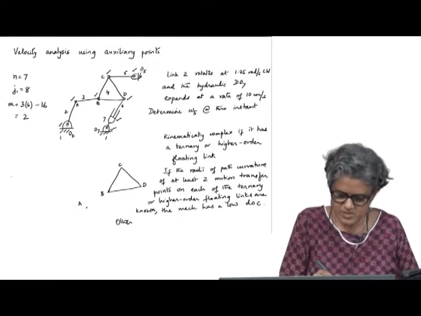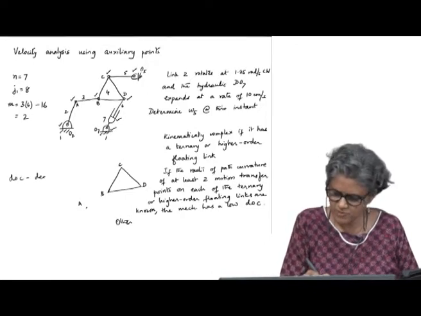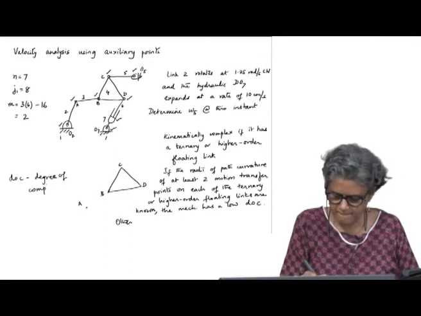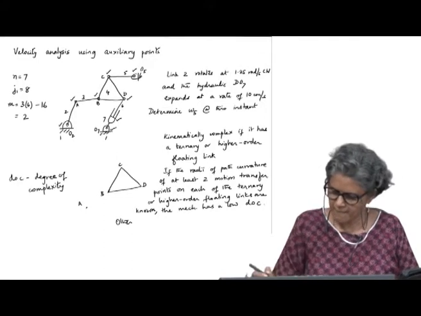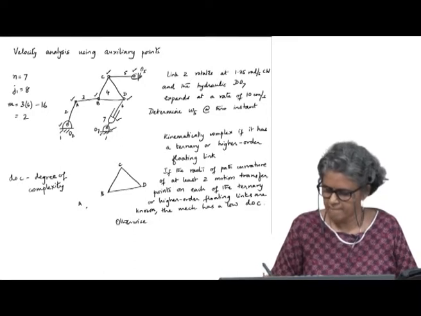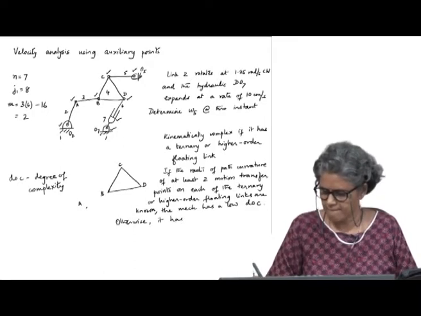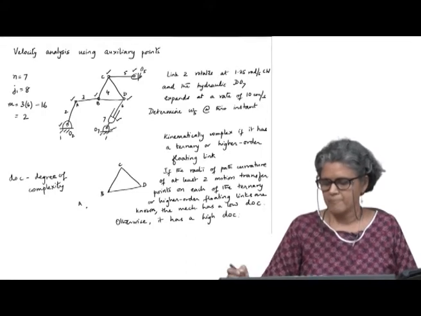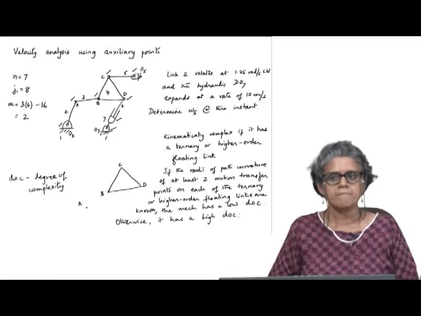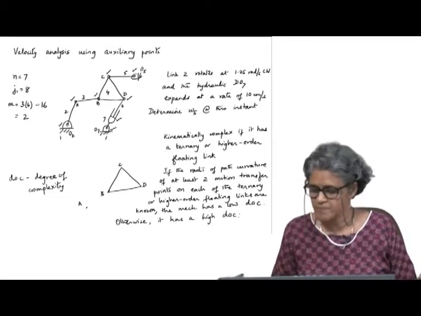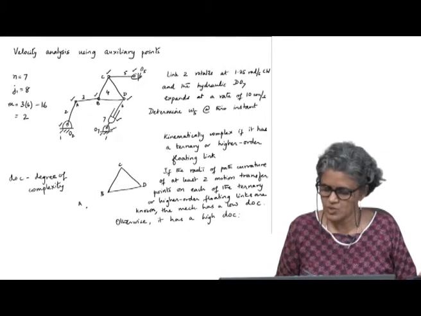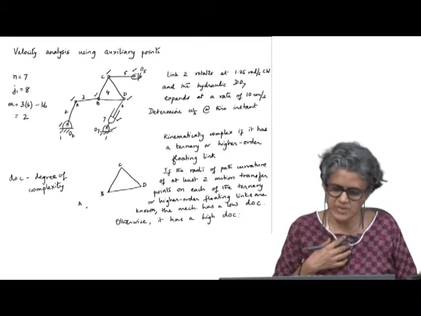So, DOC is degree of complexity. Okay. So, in this case you have a mechanism with a high degree of complexity.